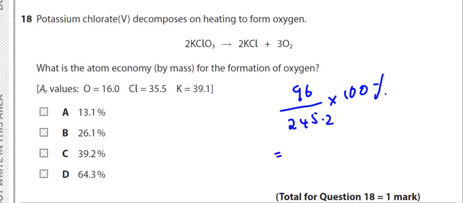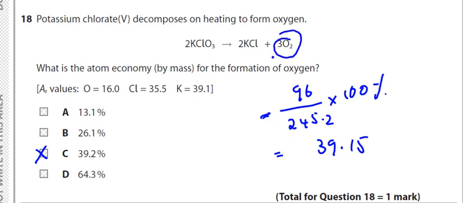You can take all the products also, but it will be the same answer, 245.2. So 96 divided by 245.2 multiplied by 100, you get the answer as 39.15, which you can take as 39.2. Therefore, the answer is C.